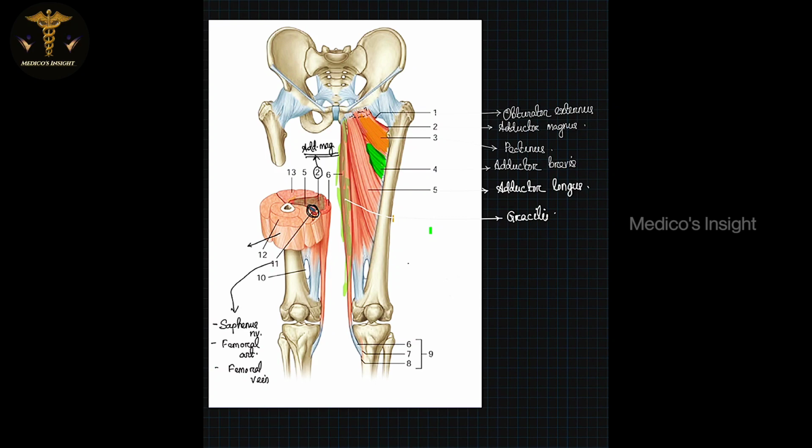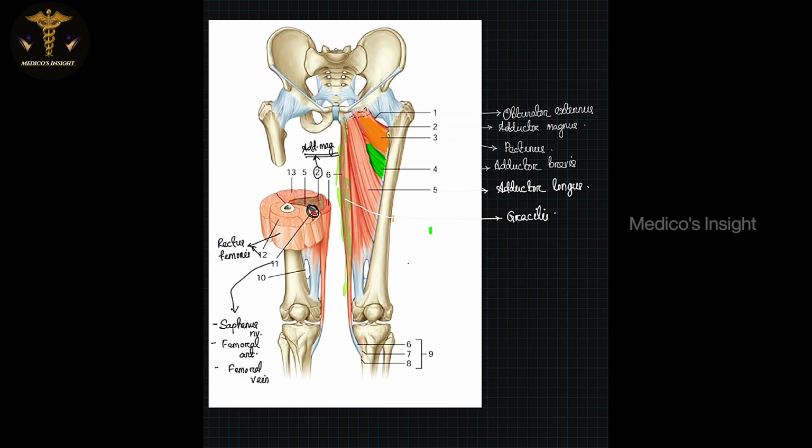Okay, so this one is the cut muscle. The cut muscle is known as the anterior compartment, as we clearly read before in the slide, that is the rectus femoris.